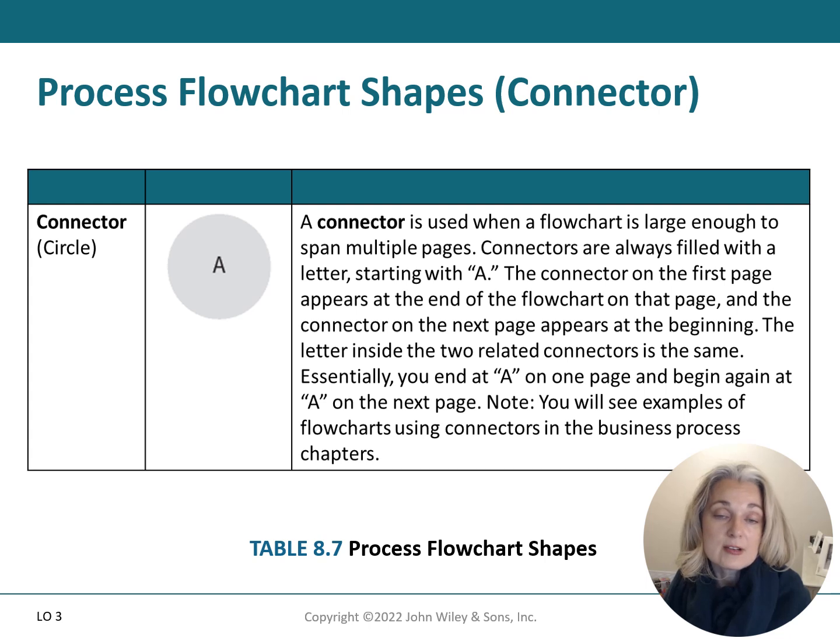The letter inside the two related connectors has to be the same, so you know where the flowchart ends on one page and begins on the next page. Essentially, you end at A on page 1 and begin with A on page 2 or the next page. And we will see examples of flowcharts using connectors in our future chapters.